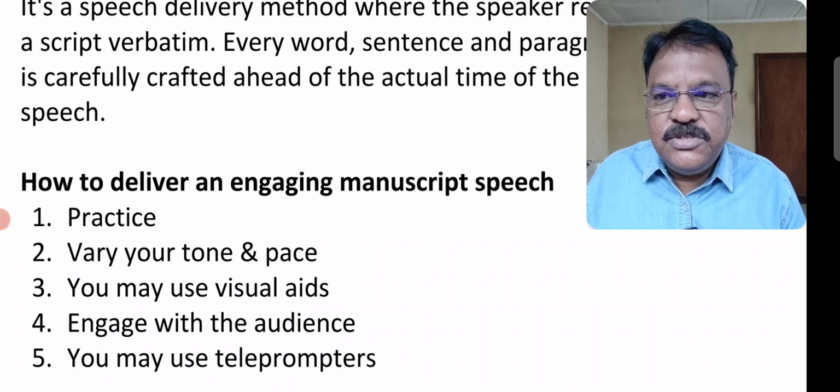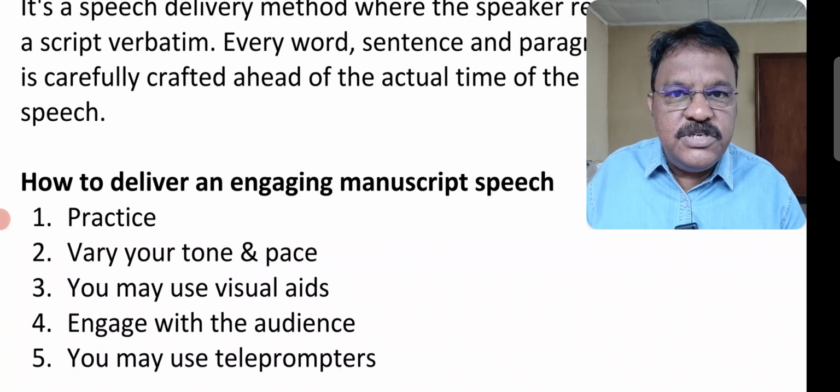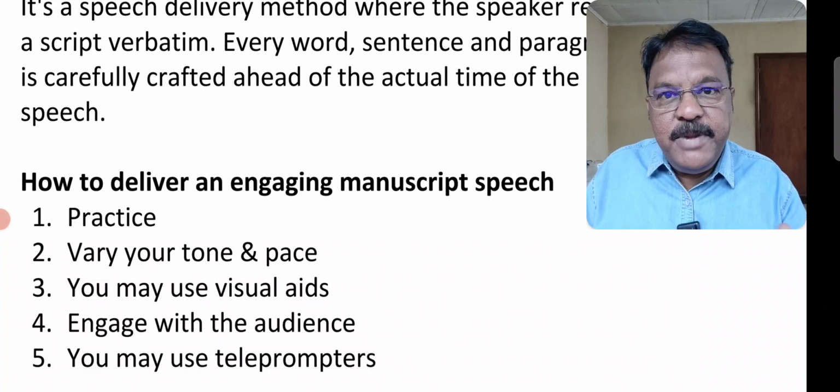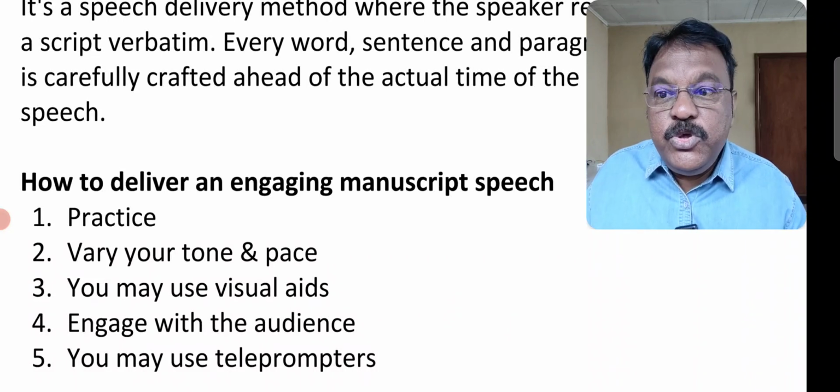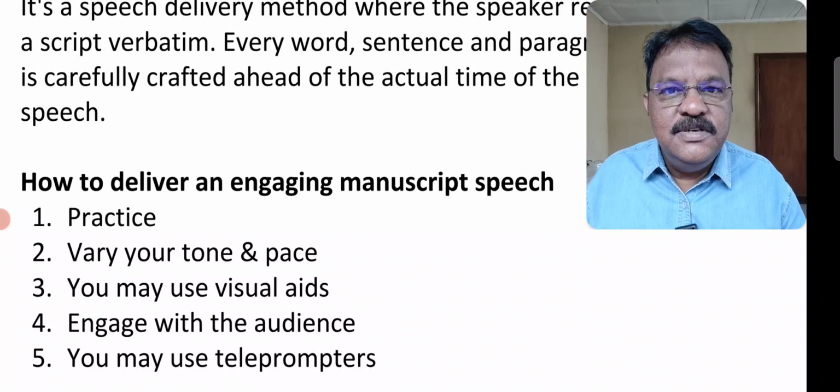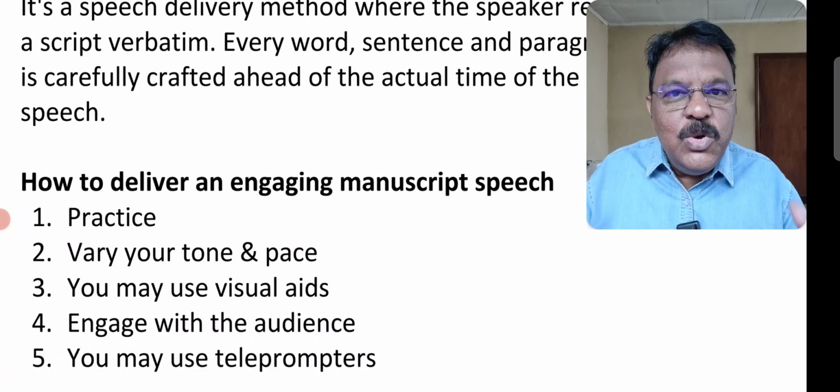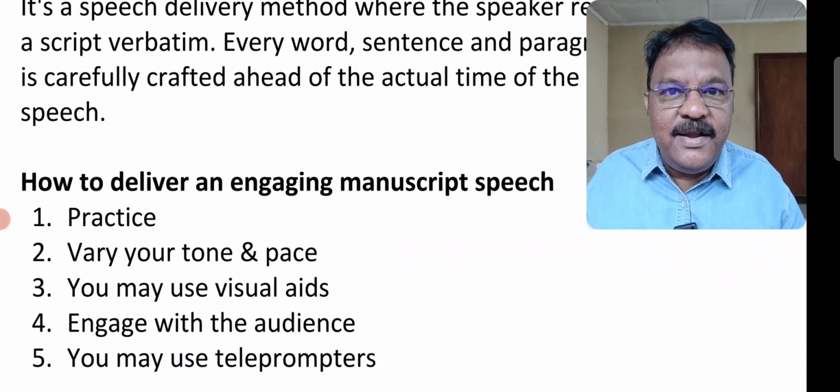Point number 5 is you may use teleprompters. What are teleprompters? You might be knowing about them. If you use teleprompters, you will look like you are standing naturally in front of your audience because you don't look at the paper always. There is no paper in your hand.